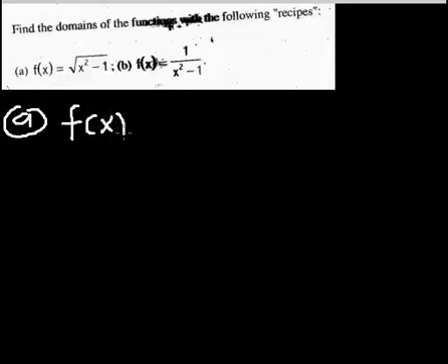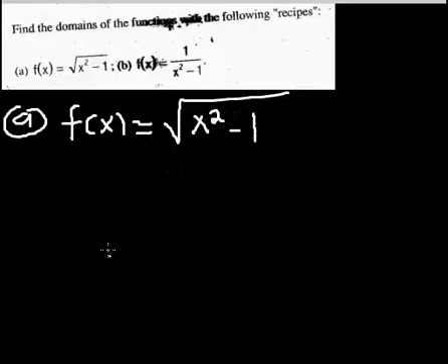A is equal to the square root of s squared minus 1. Now the domain of a function is the values of that particular variable, or the values of x, that when I put it inside the function, will make the function be defined, or make the function give a real value.